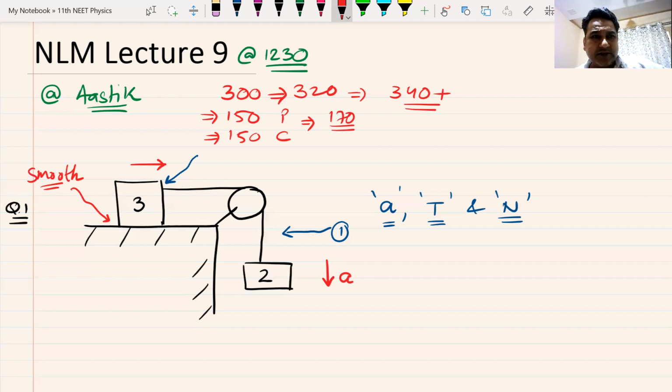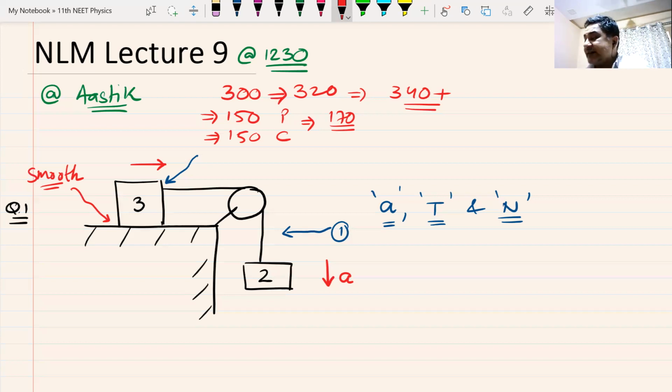Will it move with the same acceleration or with a different acceleration? Can I have your answer, please?